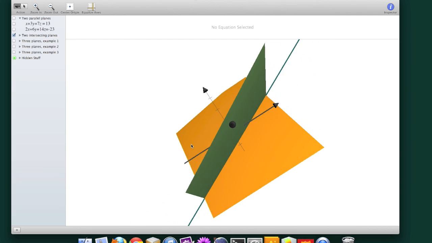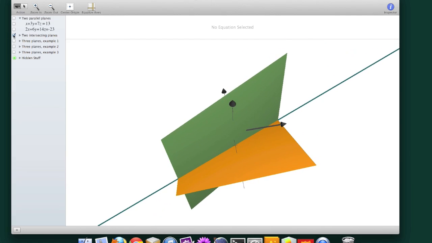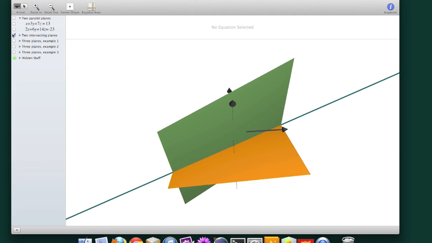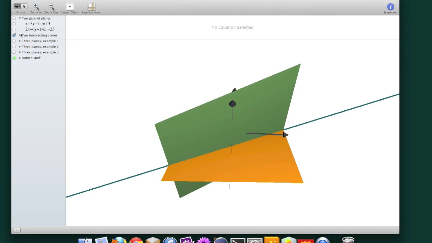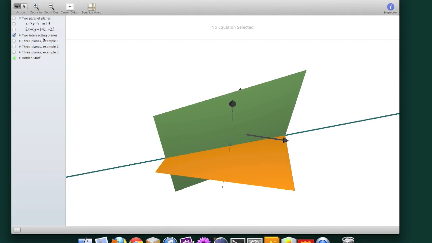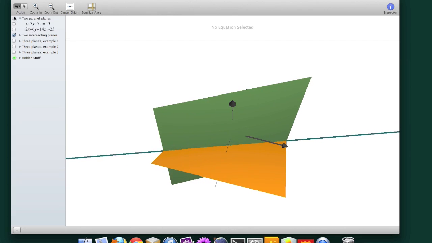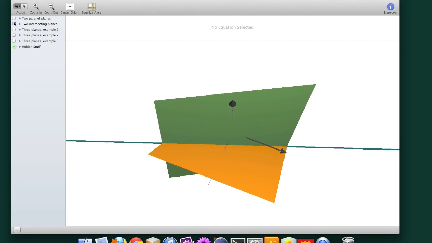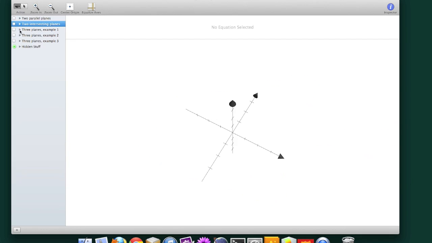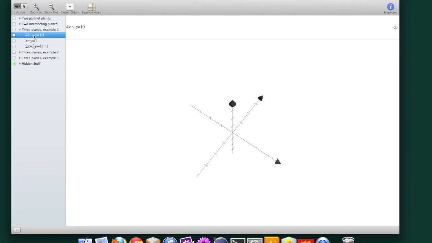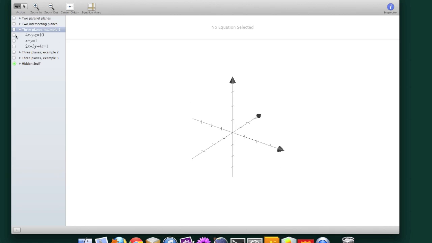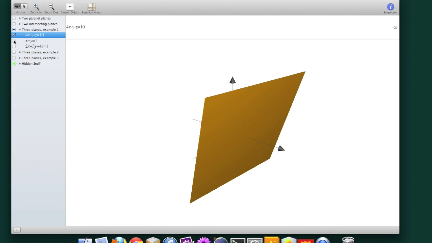Notice that there are infinitely many solutions. So if you have two planes, either they intersect or they don't. If they intersect, they have infinitely many solutions. If they don't intersect, then they have no solution. So now let's look at what happens when you have three planes. So here's my first plane.